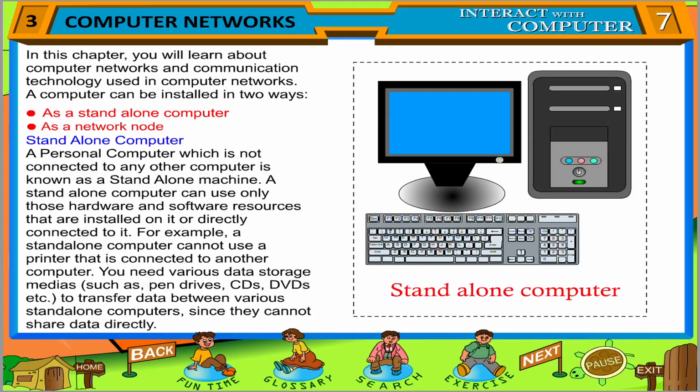A standalone computer can use only those hardware and software resources that are installed on it or directly connected to it. For example, a standalone computer cannot use a printer that is connected to another computer.